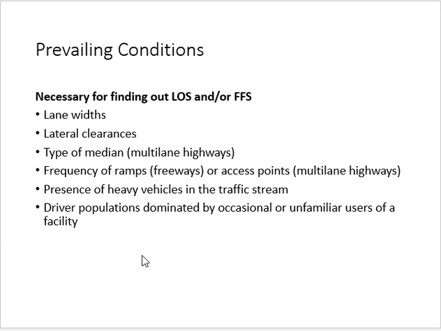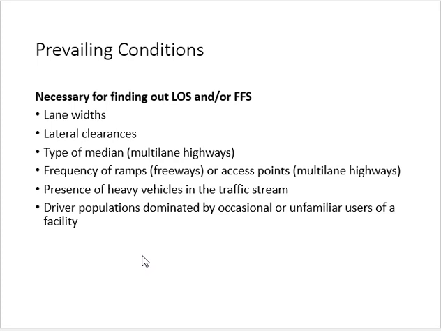How is it fixed? Freeways always have a median. That's it. There is no freeway without the median. Got it? If you say it's a freeway and it doesn't have a median, you are making a mistake. Either you are missing the median, or it is not a freeway. Got it? So only for multi-lane highways we need to know the median condition.